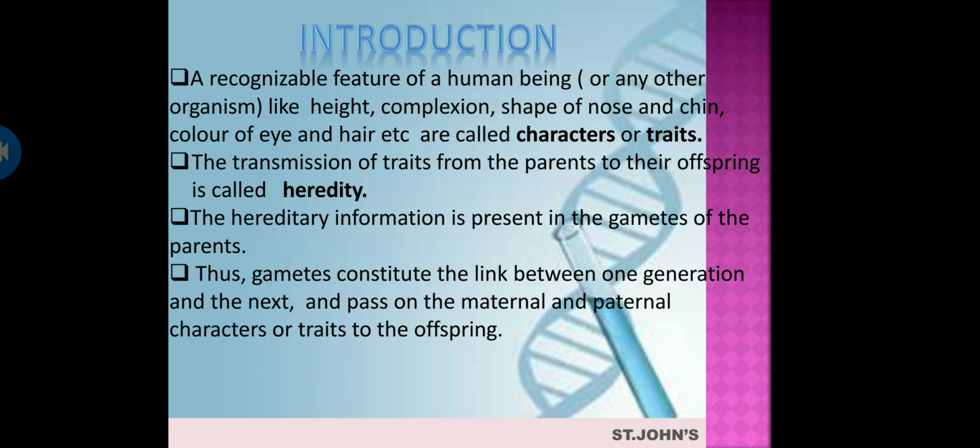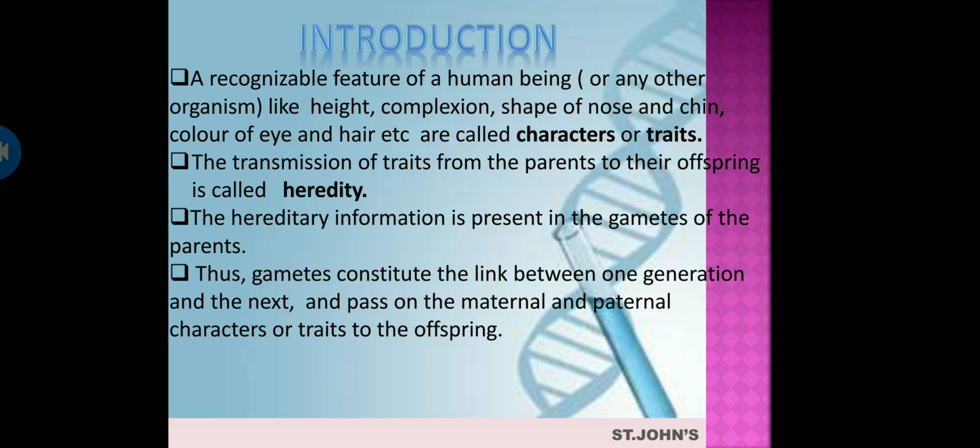I told you the chromosome is tightly packed, and DNA is present inside the chromosome, and within the DNA you have small segments. Those segments are nothing but genes, which are the basic unit of heredity, and they carry information and are a segment of DNA. I will show you what it is, you have a structure in the next slide.